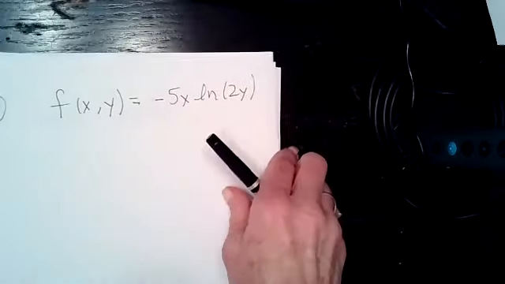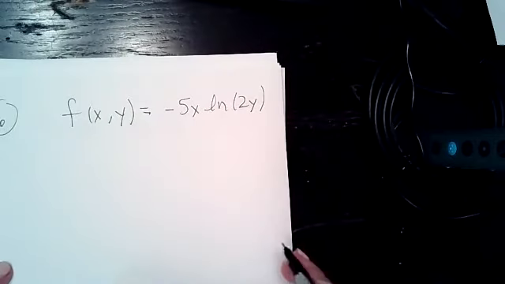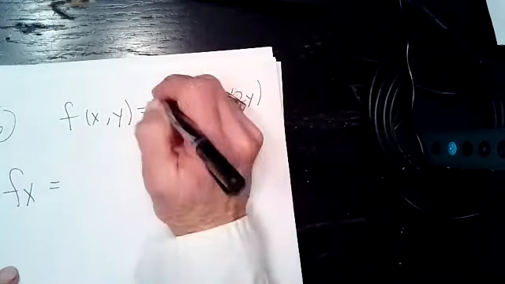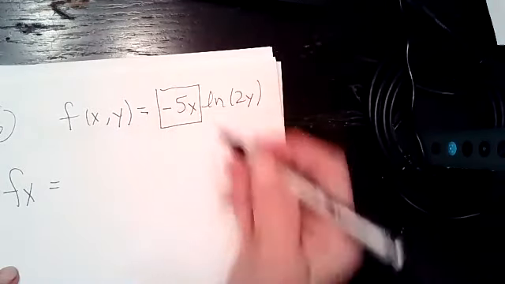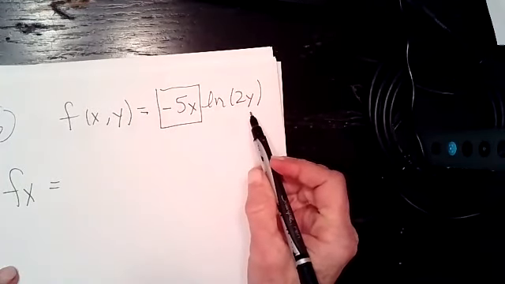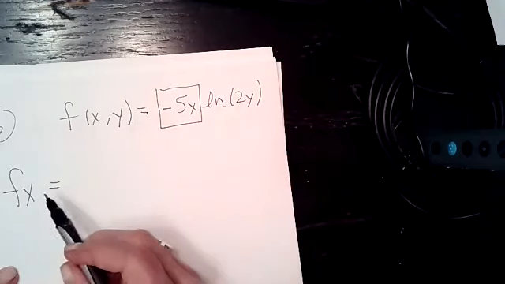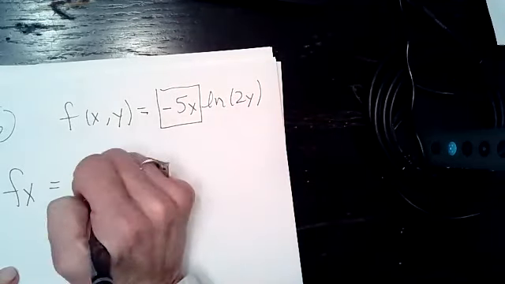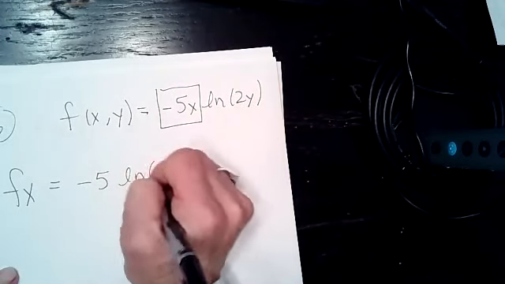Okay, ready? Now, for two variable functions, let's take the derivative with respect to x. So here is my x term, and here's my y term. So the derivative with respect to x, I take the derivative of the x term, negative 5x, times the y term.